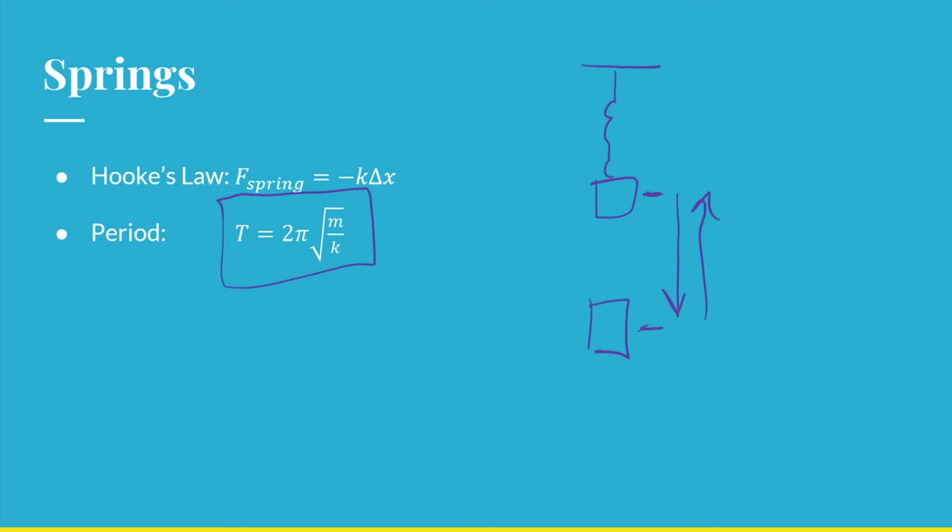The period of a spring on Earth is the same as the period of a spring on the planet Mars, on the planet Jupiter. It doesn't matter. And it also has nothing to do with how far from equilibrium it is. If you pull it 100 meters down, its period of oscillation will be the same as if you pull it 5 meters down. This is a property that only exists for springs.